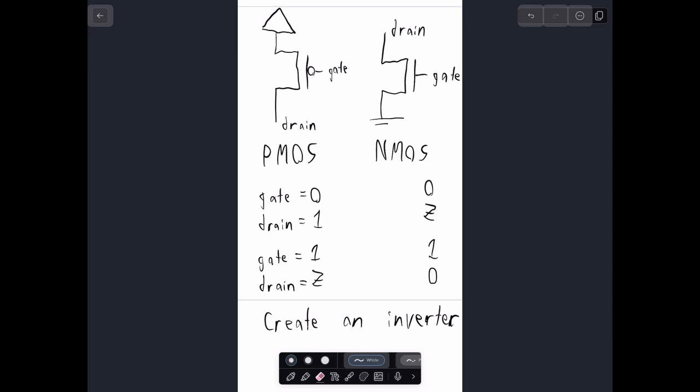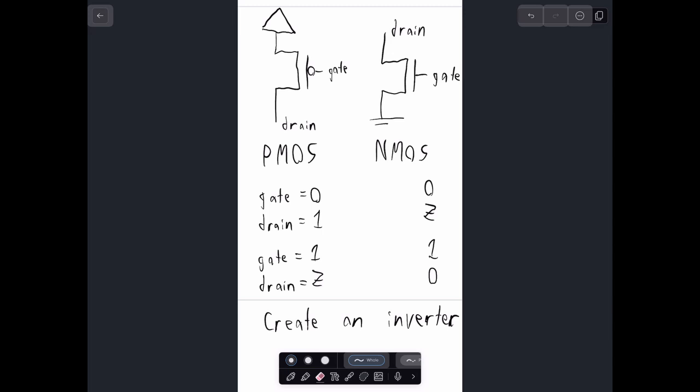If we have a PMOS that is being fed with A, and then maybe another PMOS that's being fed with B, how should we arrange these? If we do them in parallel, then anytime either of them is set to 0, the output will be 1. Right? So let's see that.